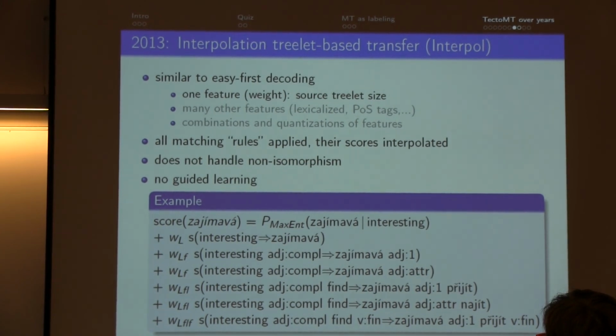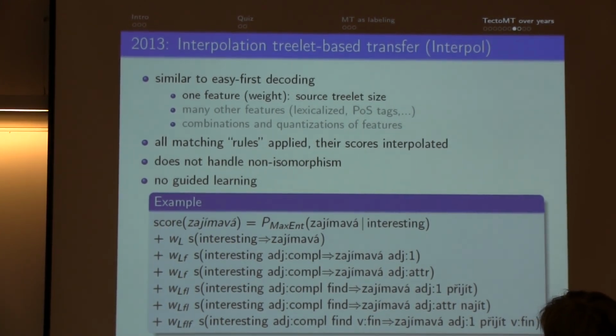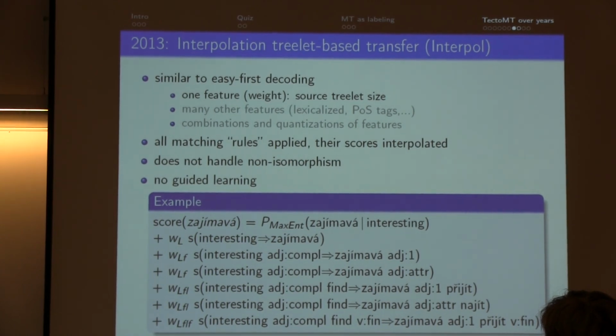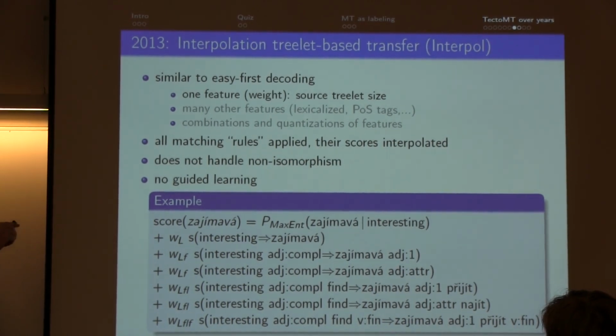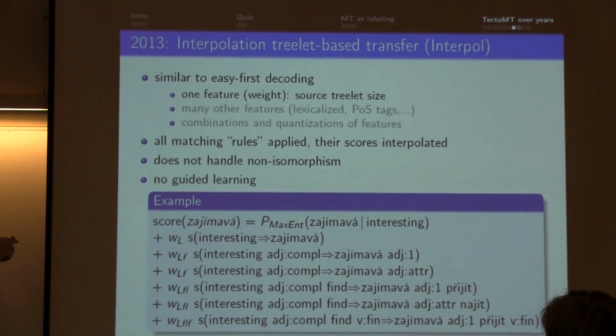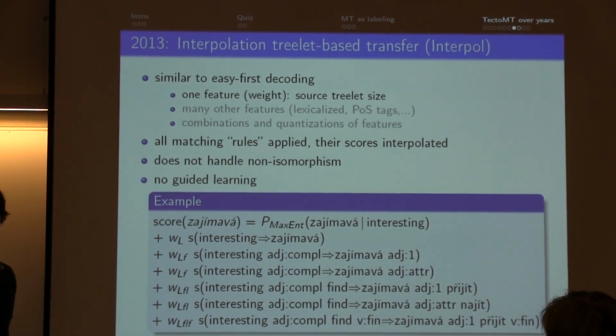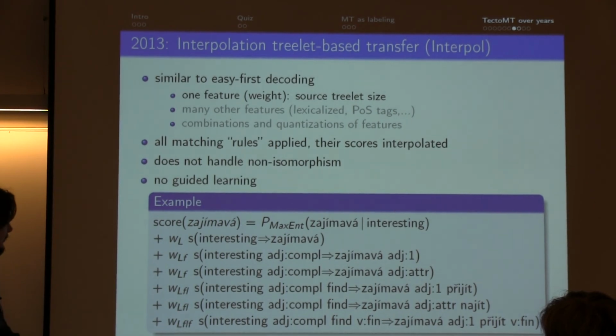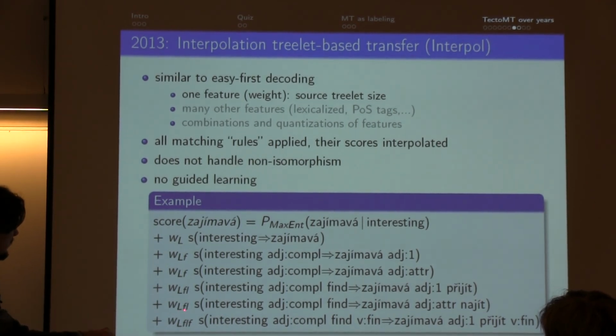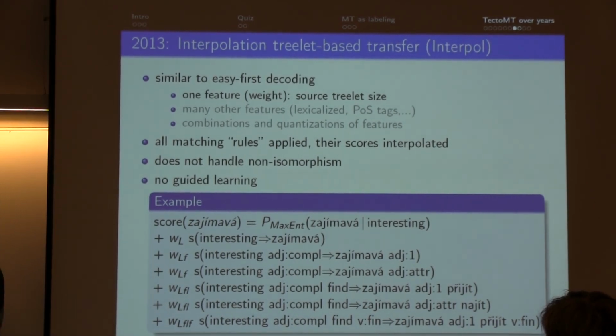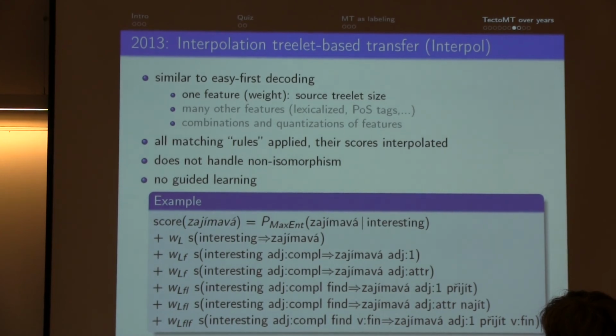I'm not sure if I understand the question, but I will try to answer it. There are 2 ways of using features in the Interpol model. One is to use only these summary features, so I will have only, let's say, those 1, 2, 3, 4 kind models.